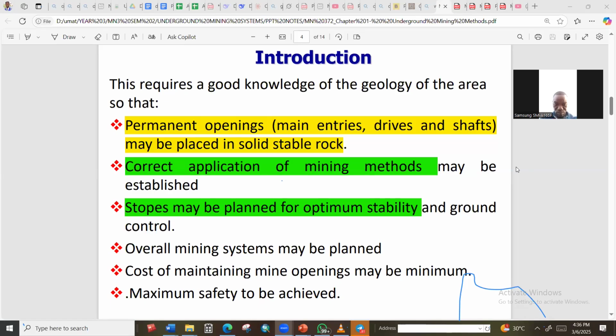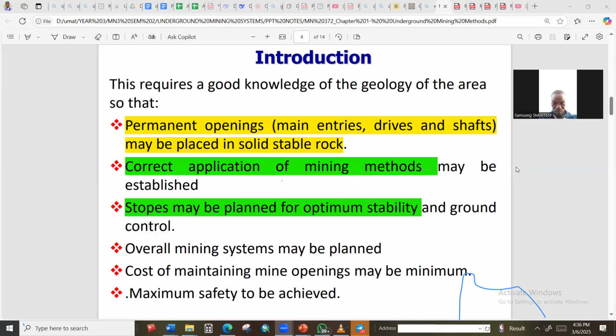Now, if you know the geology of the area, if you know the rocks that you are going to mine, you know that this side of the rock is very hard, this side is not hard. Rocks are not homogeneous. It means that the properties of the rocks are not the same. From this point to this point can be very hard, the other point can be very soft or very weak. So if you see that this particular section is very hard, you can put your permanent openings there.